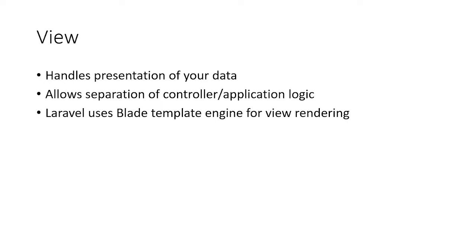Usually, it will fetch a template that is used to view your notes, and then put in the data fetched from the model into that template and render a web page for you. In this case, Laravel uses the Blade template engine for view rendering.